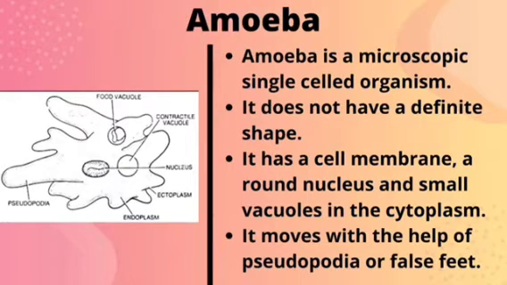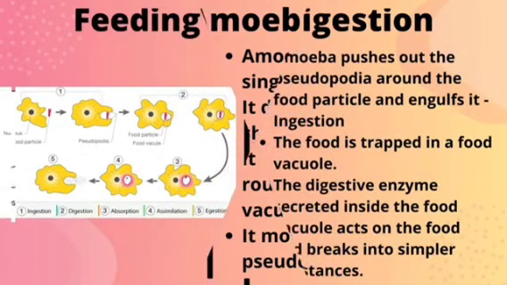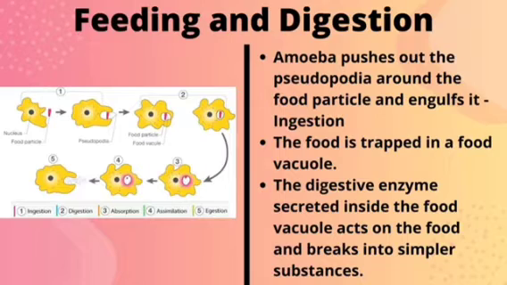Now children, this entire animal is just a unicellular organism made up of a single cell. Do you have any idea how it takes in food and digests it? These animals live in water, ponds, lakes. When it senses food, what does it do?